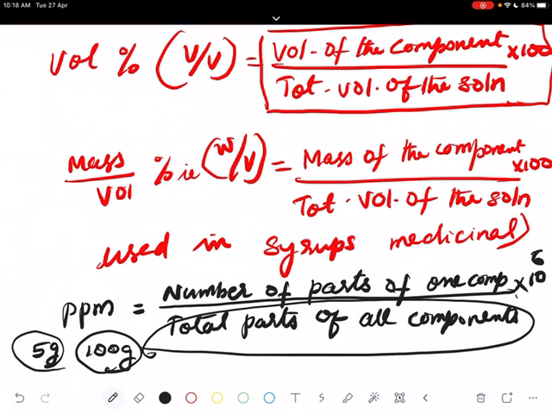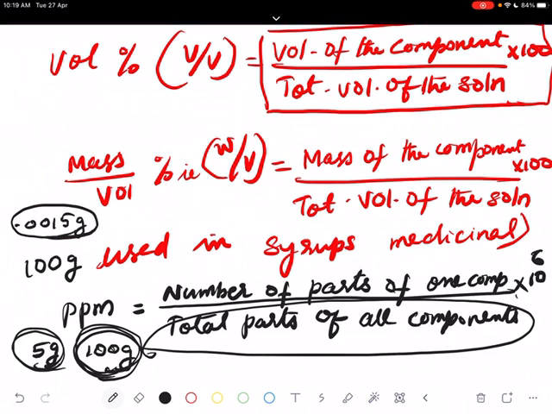5 gram of solute in 100 gram is a big quantity. But if the quantity is 0.0015 gram in 100 gram of solution, see, it is a minute quantity. In 100 gram of the air, 0.0015 gram of the pollutant is present, or chloroform is present. So nobody cares about that.